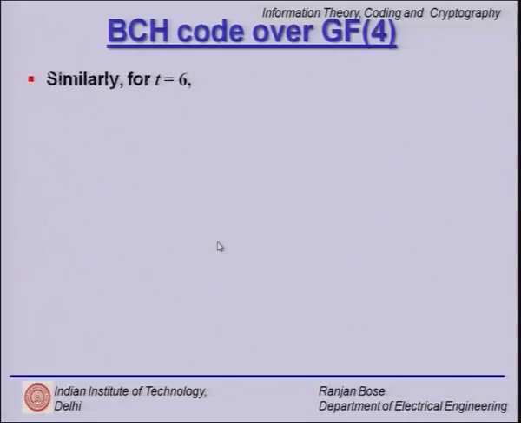Okay. So, can we generalize that for t symbol error correction, the BCH code can correct 2t burst errors? Is it always possible? So, the question being asked is about the burst error correction. No. If we have to say burst error correction, we have to interpret it in a different way.